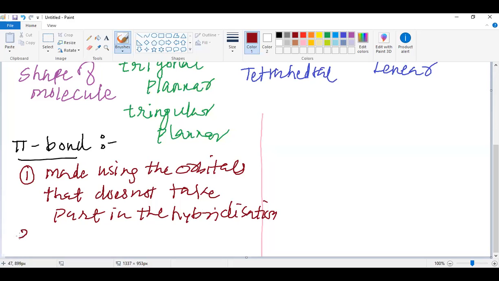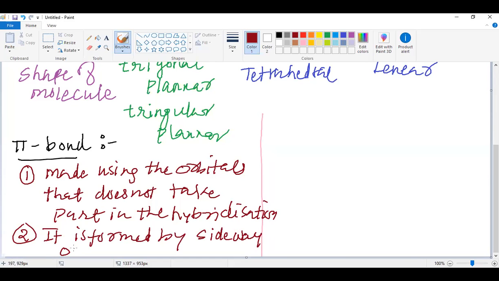The second characteristic that we have studied is that it is formed by sideways overlap, which is also known as lateral overlap.